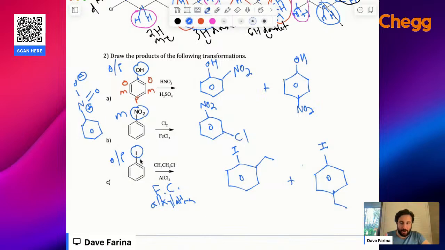The carbon-halogen bond is withdrawing electron density, so it's destabilizing and slows it down. But because of the lone pairs, it is ortho-para directing. So donating, activating, ortho-para; withdrawing, deactivating, meta. But the exception is halogens: withdrawing, deactivating, but ortho-para. That's all you have to memorize right there. So that's a little bit of EAS.